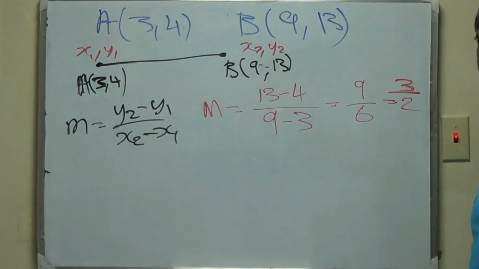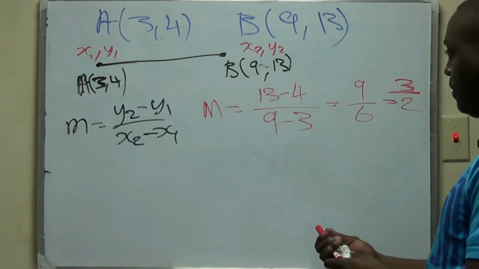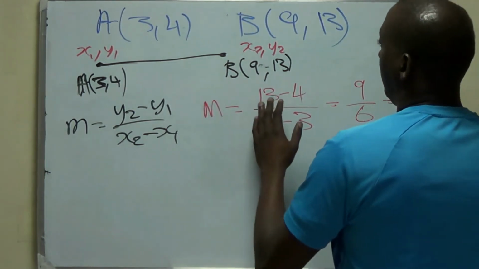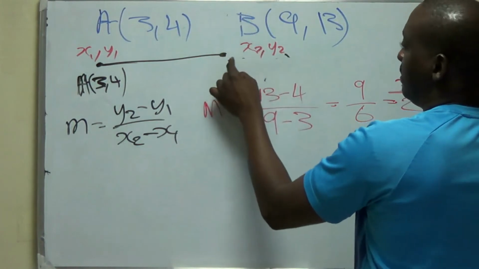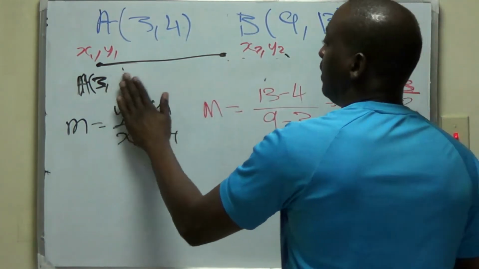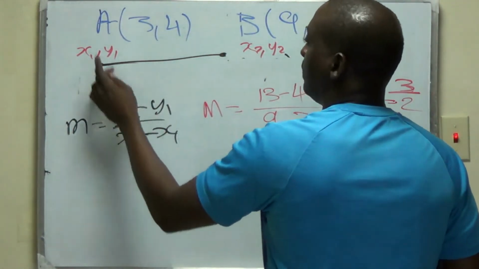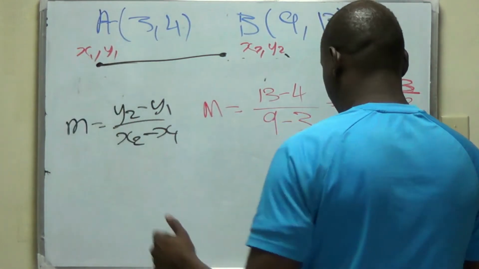Now, we could reverse the lettering scheme. So let us say now, and I'm going to remove this here, that this B corresponds to this point here, and I'm going to remove this, this A corresponds to this point here.